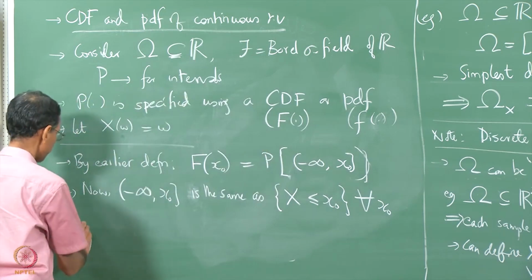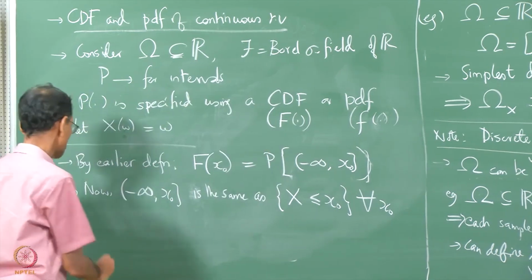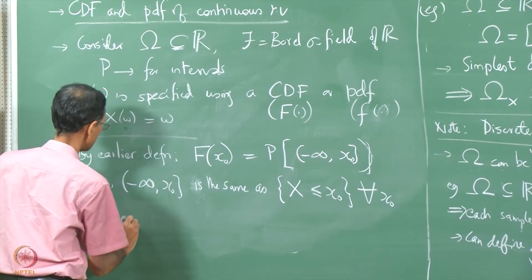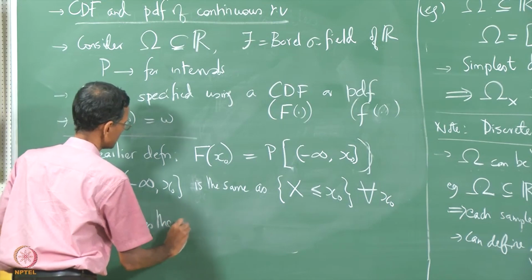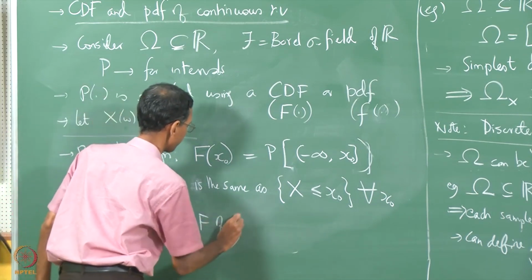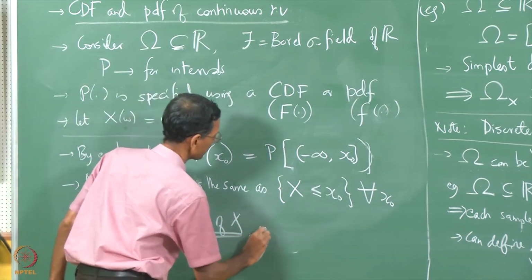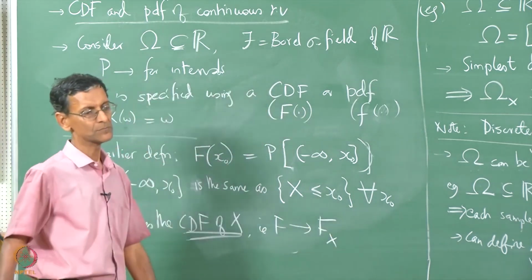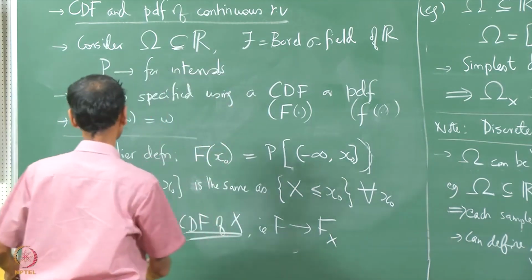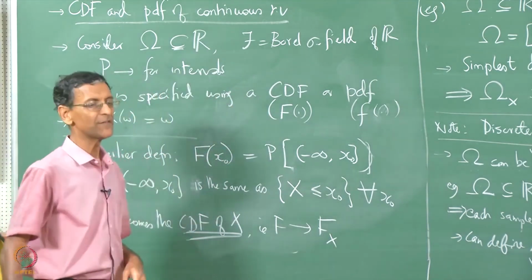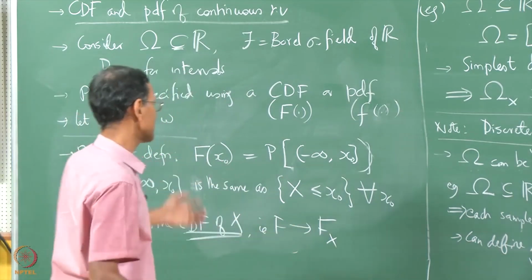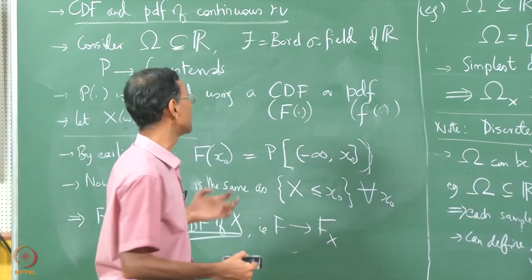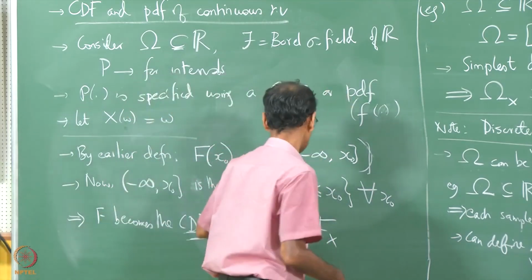So, therefore, the F becomes the CDF of X, the F becomes F with a subscript X. Here of course I have given primacy to the CDF because the CDF, as I will discuss in a couple of minutes from now, is a more mathematical, general way of assigning probabilities than the PDF, but still, right.